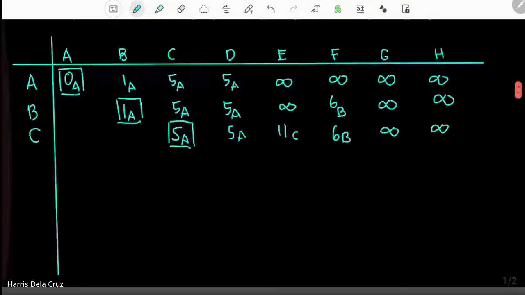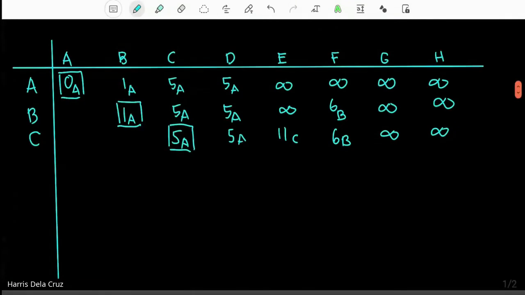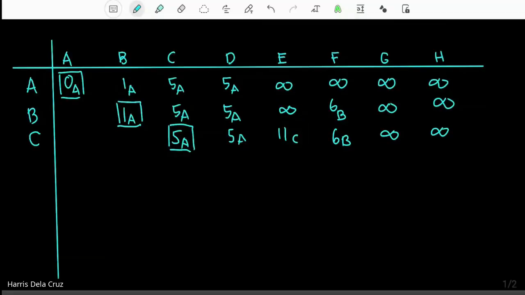So at this point, we have already visited three vertices, A, B, and C. So again, we repeat the iteration by choosing the next vertex with the smallest label. At this point, that vertex is D with label 5 sub A. So we are now going to permanently label D as 5 sub A.